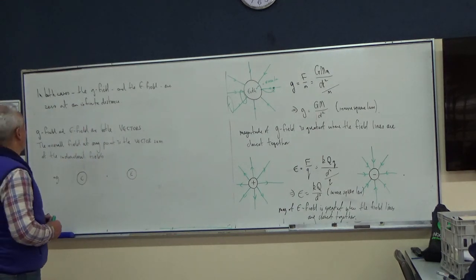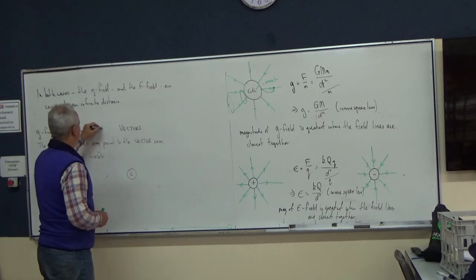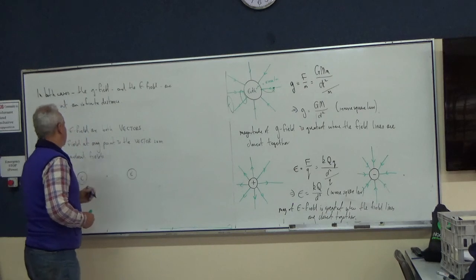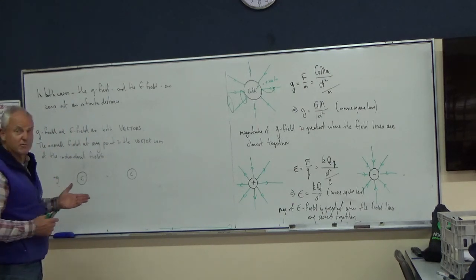Both vectors. What does that look like? The overall field at any point is the vector sum of the individual fields.